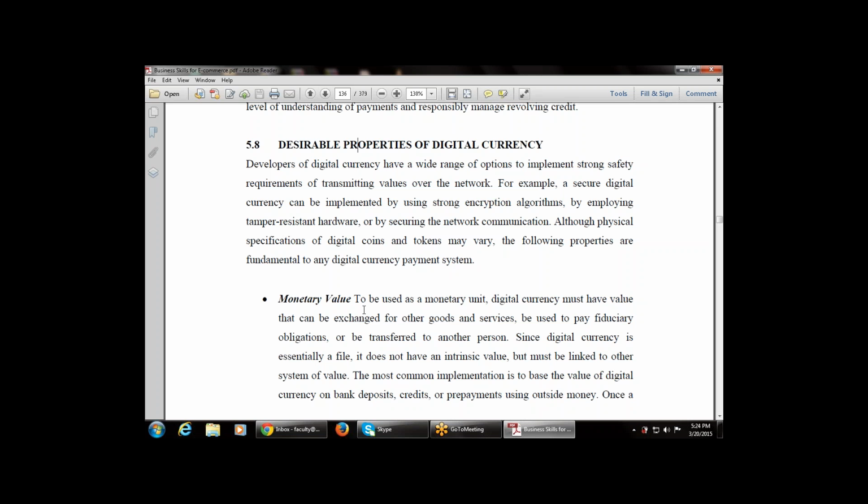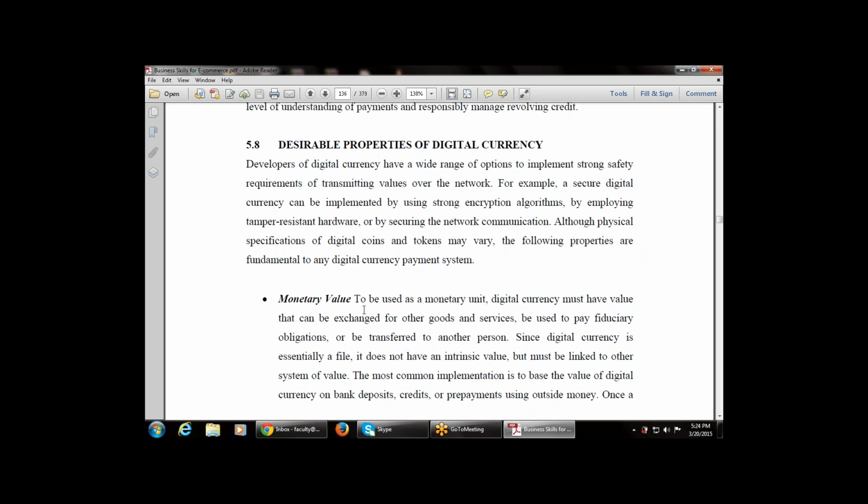Some digital currency is essentially a file. Since a digital currency is a file that contains some records, it does not have an intrinsic value but must be linked to other systems of value.